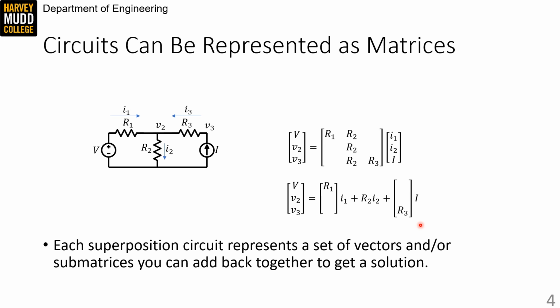So we can add or remove this I term at our leisure in order to make our calculations easier. This ability to analyze terms with a linear equation separately is really at the heart of superposition.